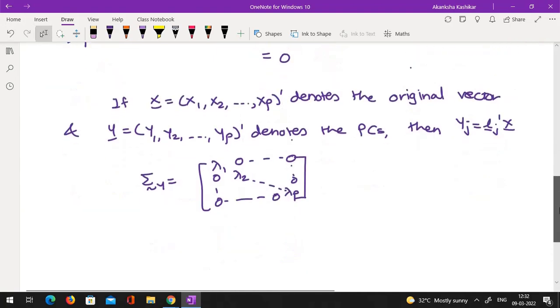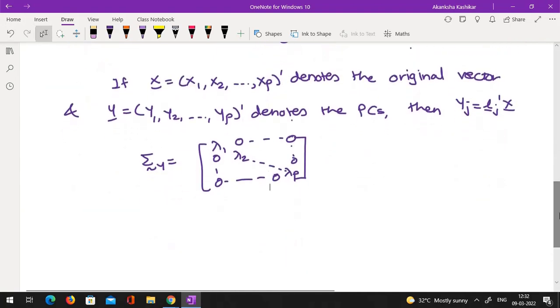Now, when we want to compare, see, in the univariate setup, variance is a single number. So comparing variances or saying that one variable has higher variance than another is easy. However, in the multivariate setup, for a vector we have an entire variance covariance matrix. So comparing two matrices is a bit difficult.